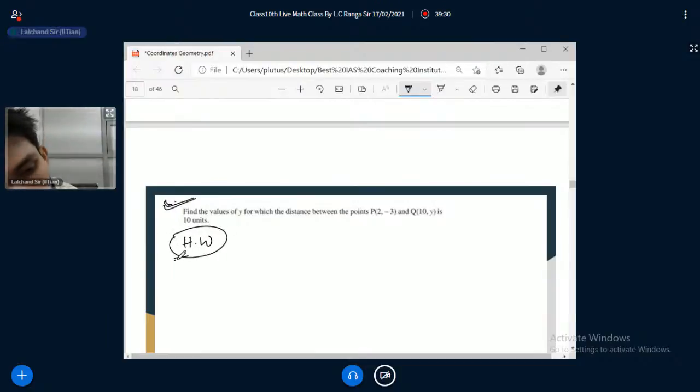We have solved a similar question for the y-axis, where the point lies on the y-axis. This is similar to that question.